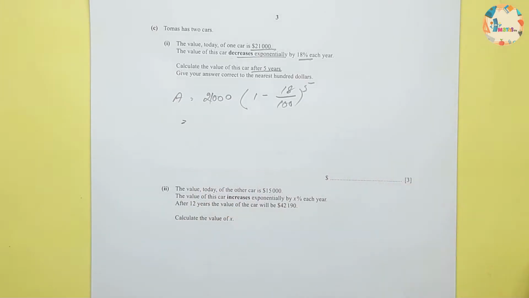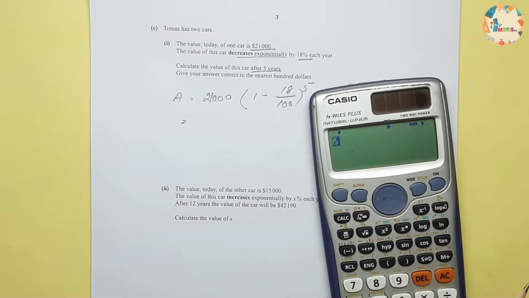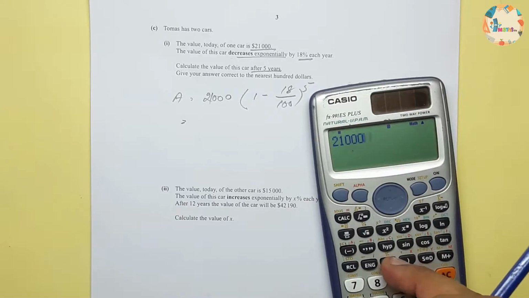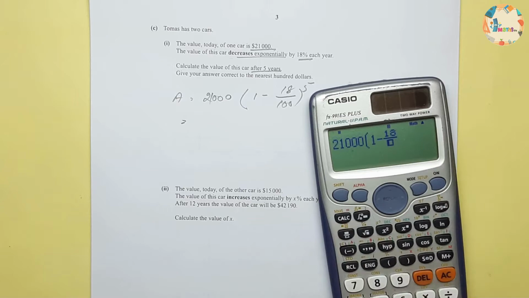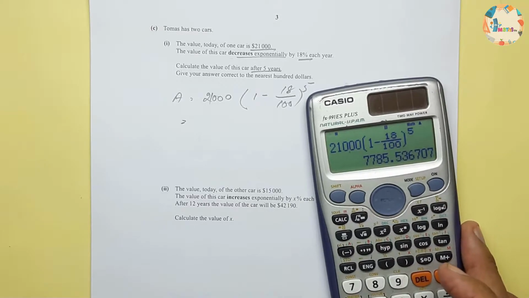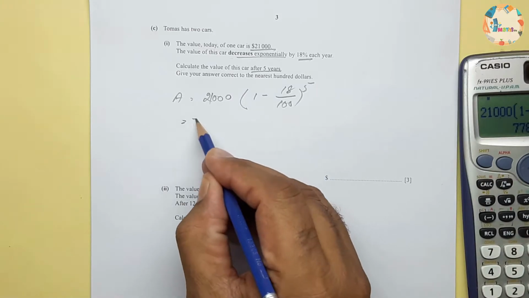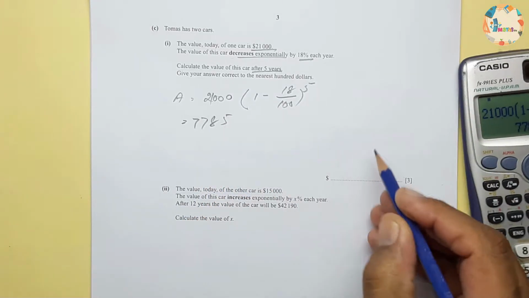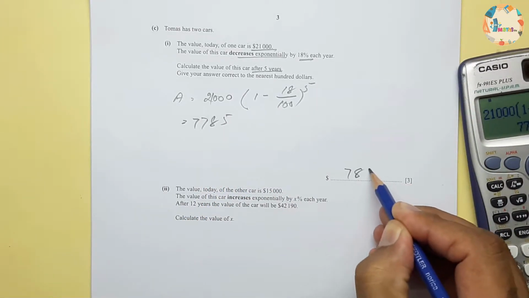So this will be our formula: 21,000 into 1 minus 18 over 100, raised to the power 5, and this will result in 7785.85.